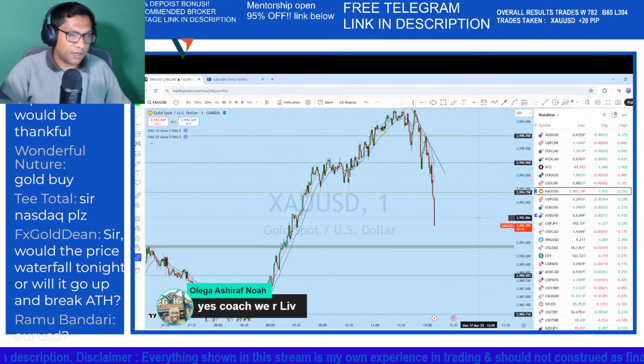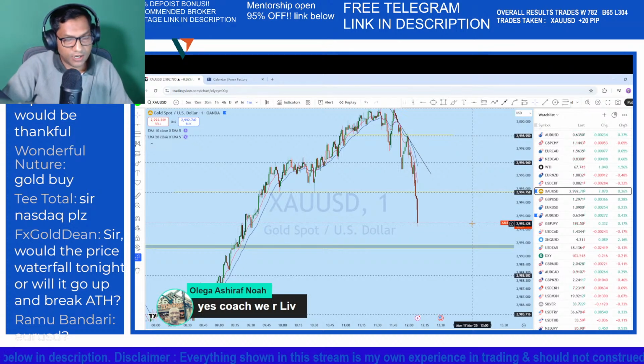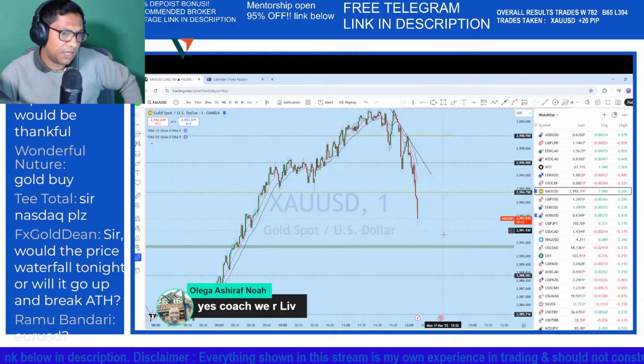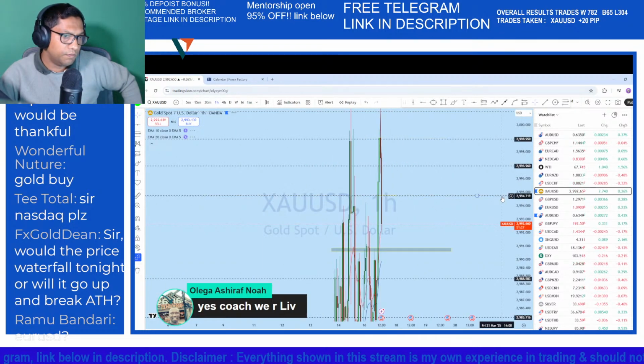We can see that break, and that's where you can see the market started to trend. And with that trend, we want to see the price having a potential bearish move.